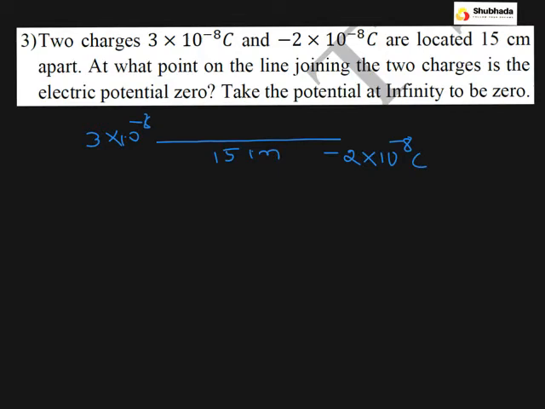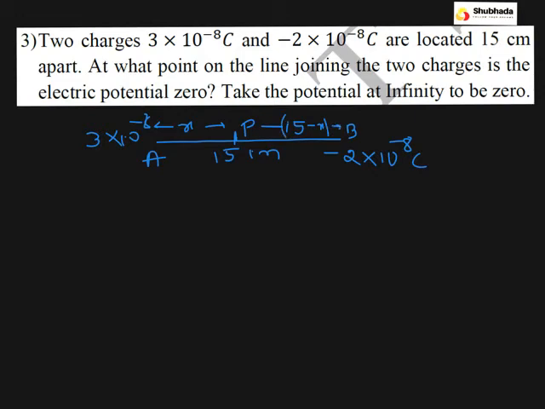Okay, so we need to find out the point on the line joining the two charges at which the potential must be equal to 0. Say at point P the potential is 0, which is at a distance of x from the charge 3 into 10 to the power of minus 8 coulomb. Say this is point A and this is point P. What is the distance PB? It must be 15 minus x centimeter, correct? So this is the distance between P and B.